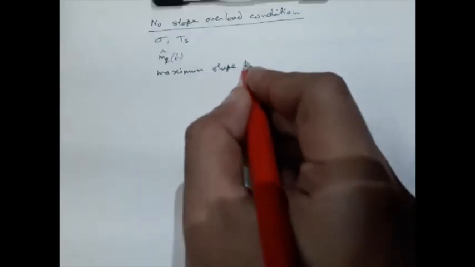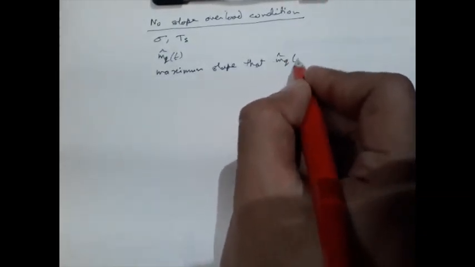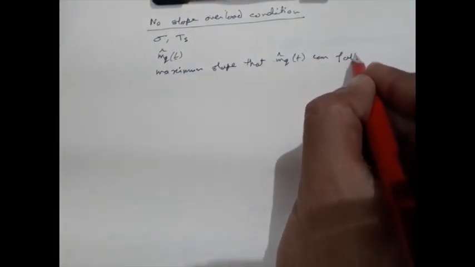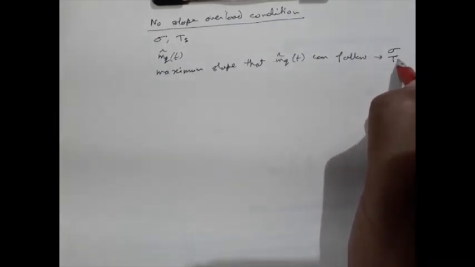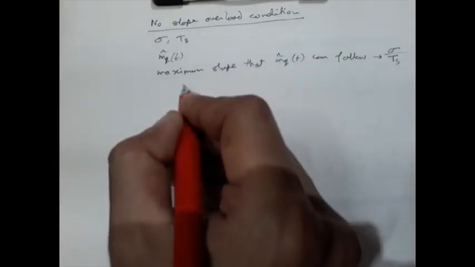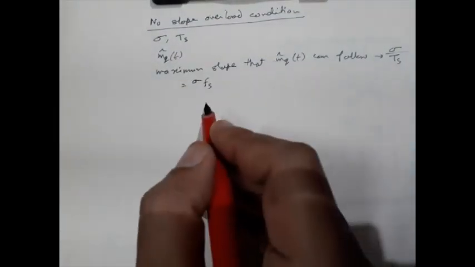So the maximum slope that m_q(t), the integrator output, can follow is sigma by Ts, or that is equal to sigma into Fs. Fs is the sampling frequency.